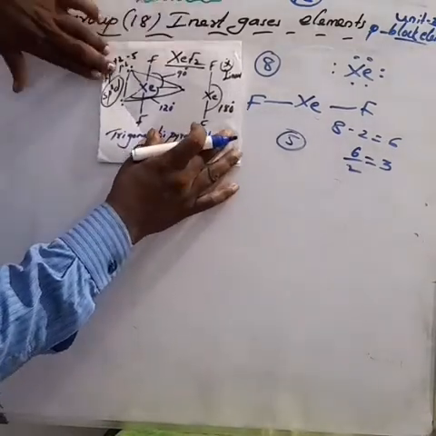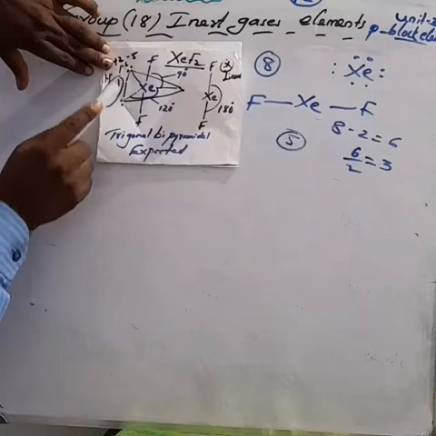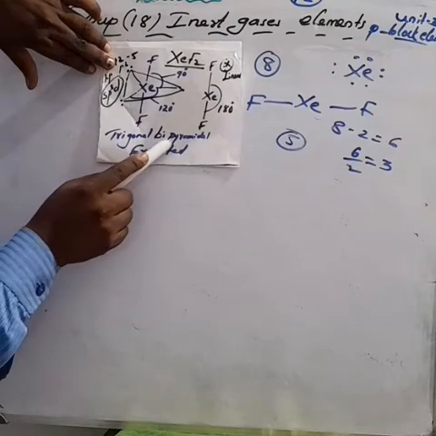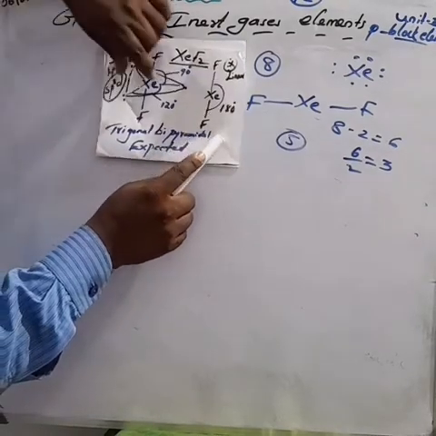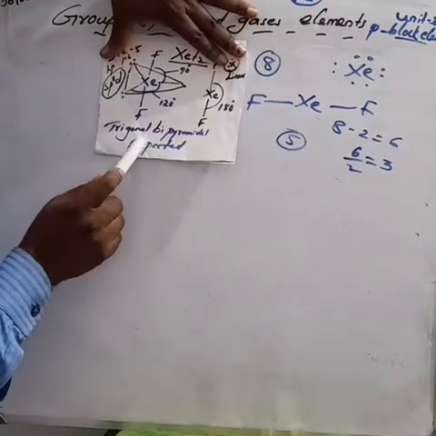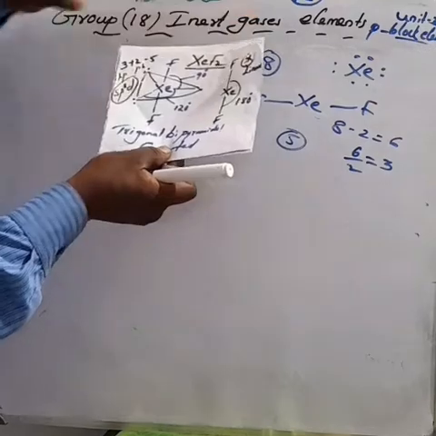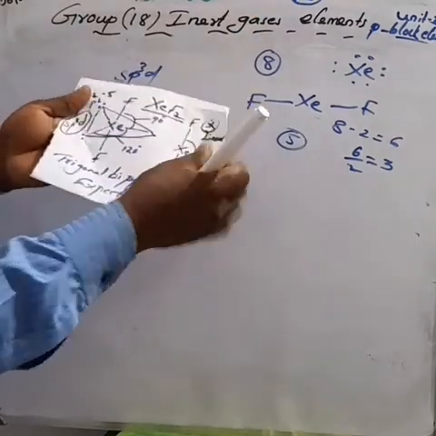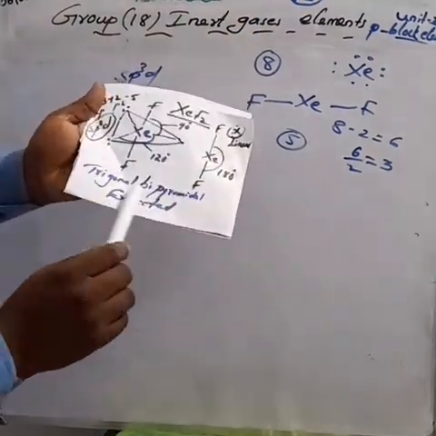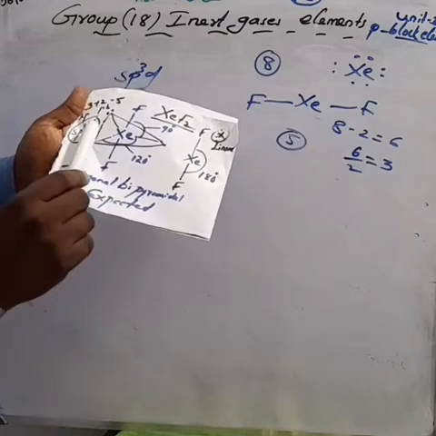Expected shape means trigonal bipyramidal. This is not the actual shape, it is the expected one. Our expected shape is trigonal bipyramidal for an sp3d hybridization.